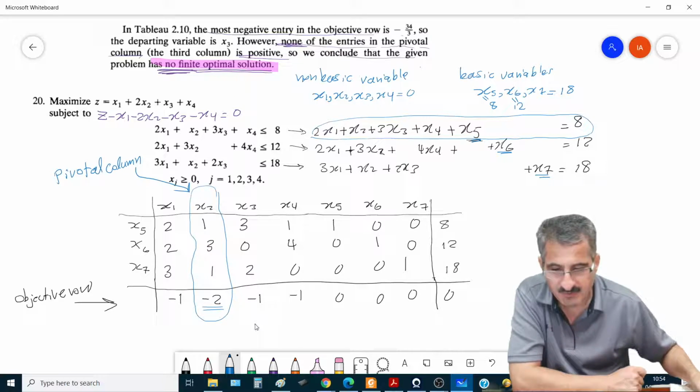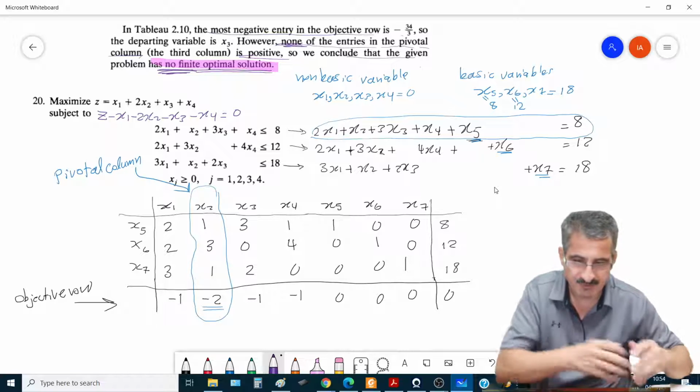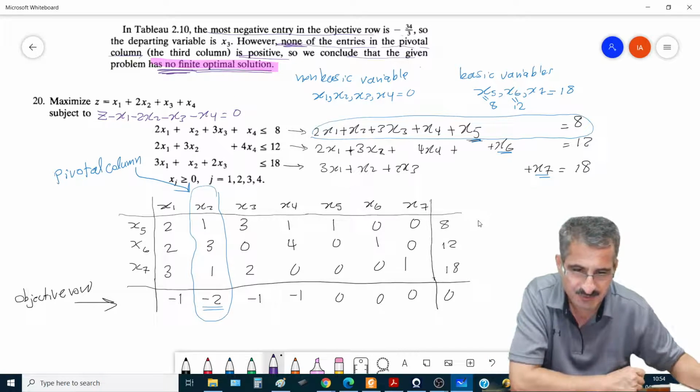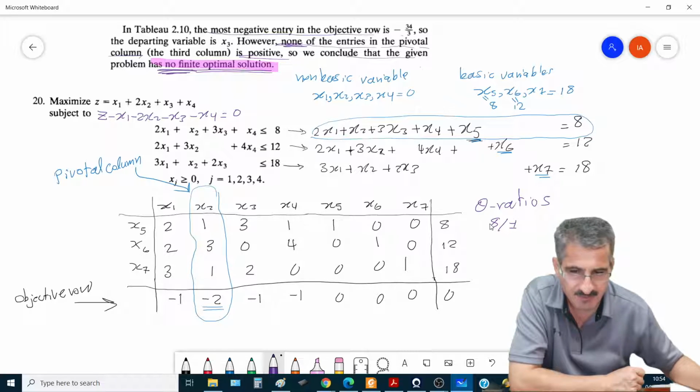Now we need to choose the theta ratios. What do we mean by theta ratios? This is 8 over 1, which is 8. Here 12 over 3, which is 4, and here 18 over 1, which is 18.